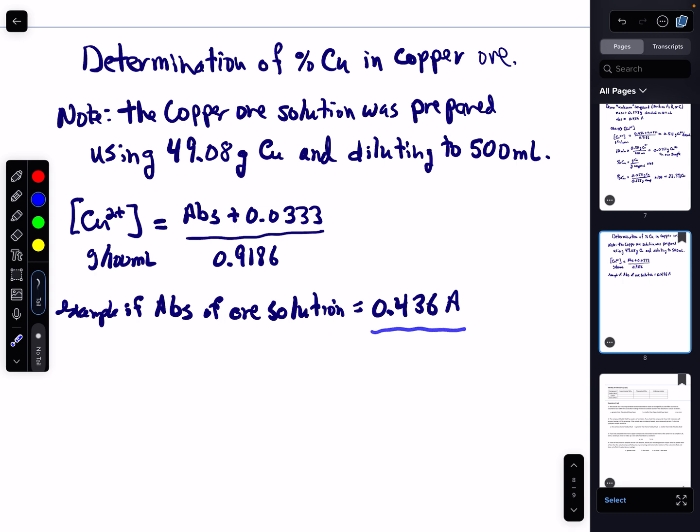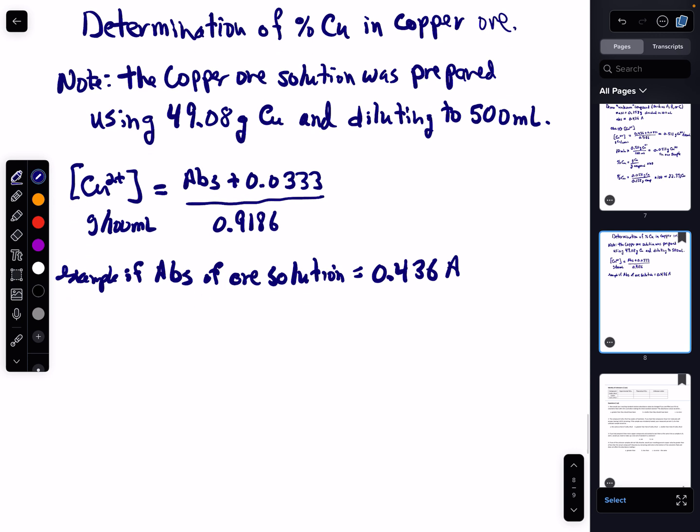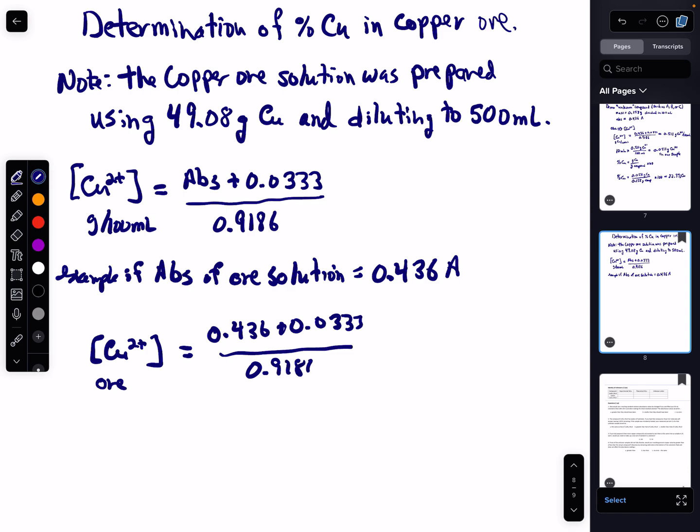what if the absorbance of that solution was 0.436 absorbance units? We use the same equation, so we're going to figure out the copper concentration for that solution. So the copper concentration from the ore solution is going to equal 0.436 plus 0.0333 divided by 0.9186.